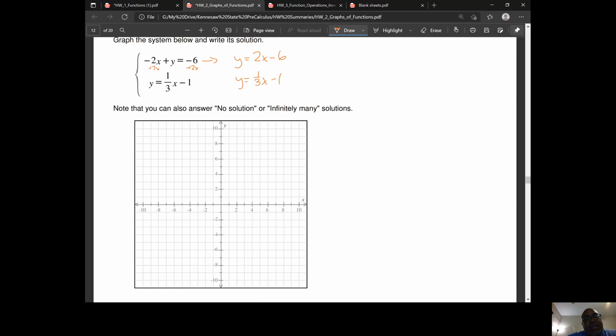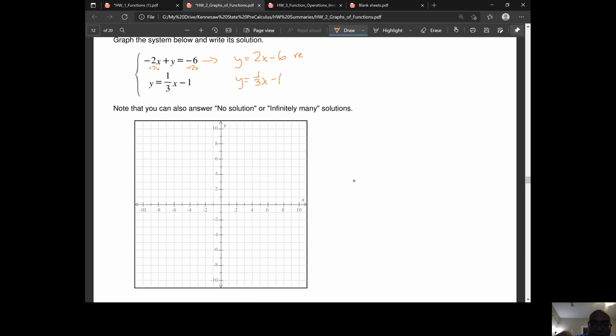Now, I kind of hesitate to graph this so much because your graphing calculator will do this. But let's do it. So 2x minus 6. Gotcha. So -6, because that's my intercept, so we'll do these graphs.